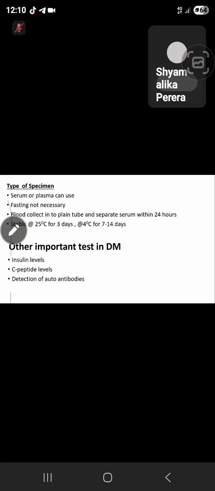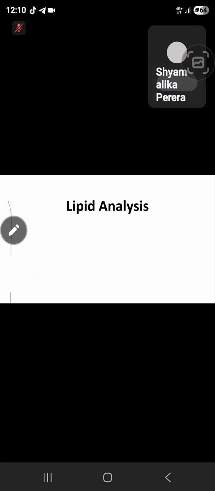Other than these, the diabetes diagnosis criteria are based on fasting blood sugar, 2-hour OGTT sample, random blood sugar, and HbA1c. Those 4 tests are the main diagnosis criteria for diabetes. So that is the end of diabetes and glucose metabolism. With the time, I need to move on to lipid analysis also.